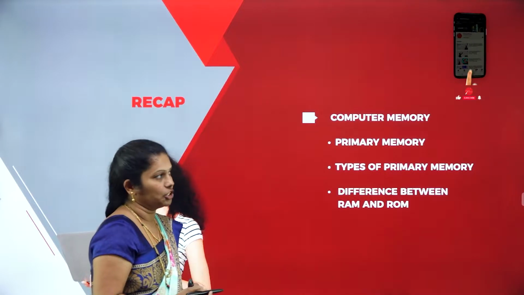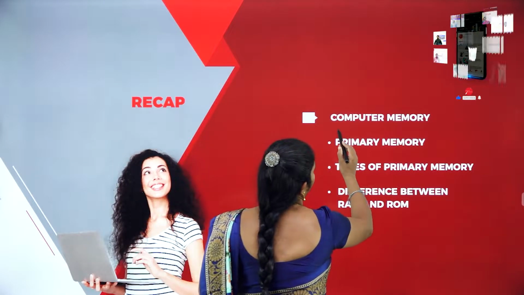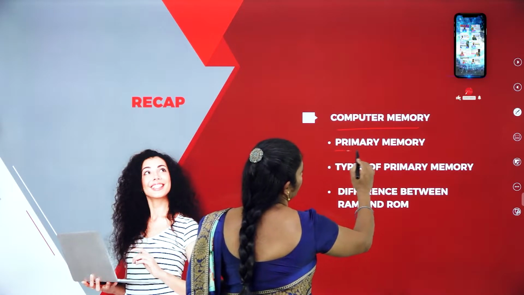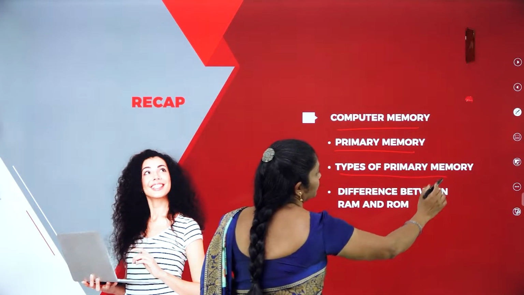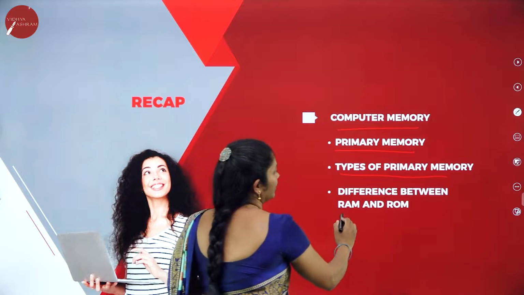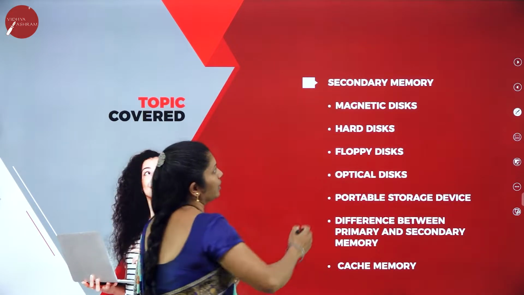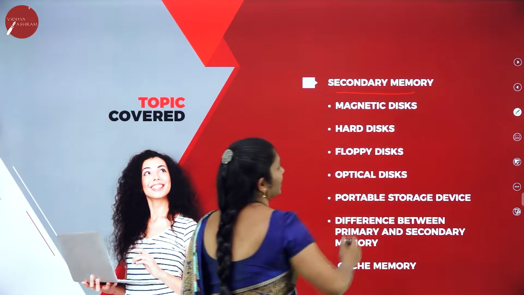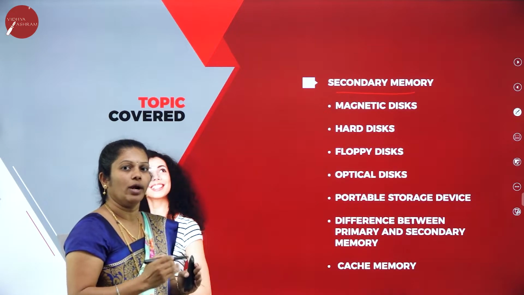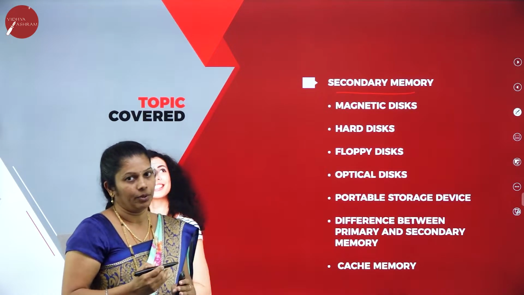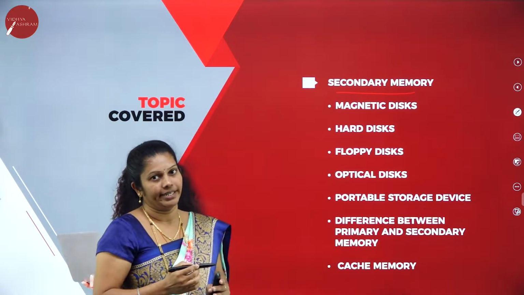In the previous session, you already came to know about computer memory: what primary memory is, the types of primary memory, and the difference between RAM and ROM. In today's class, you will come to know about secondary memory. Why do we require secondary memory? Already we have primary memory, but still why do we need secondary memory?